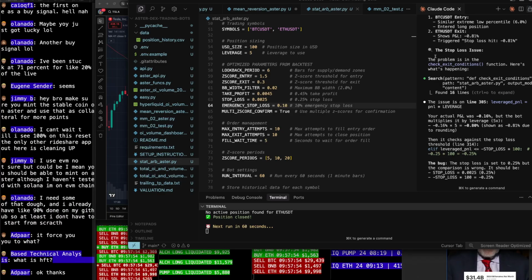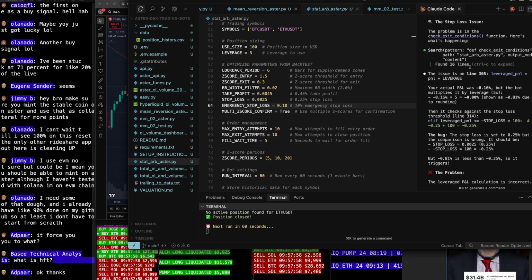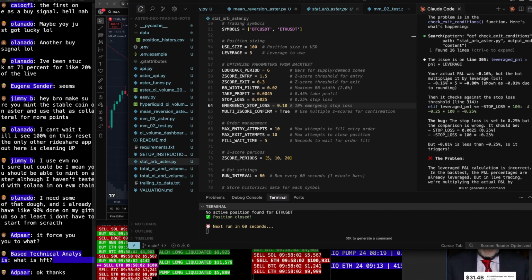The stop loss issue: the problem is the check exit conditions function. The issue is on line 305. Leverage P&L equals P&L times leverage. Your actual P&L was 0.16, but the bot multiplies it by leverage to get 0.81, then checks against the stop loss threshold.